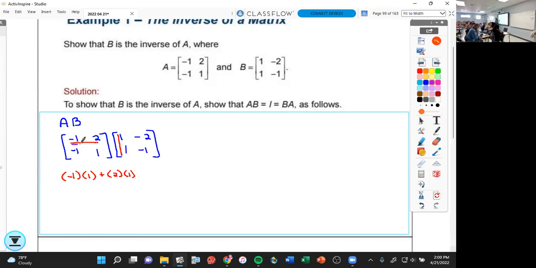Now I need row 1, column 2: -1 times -2, plus 2 times -1.